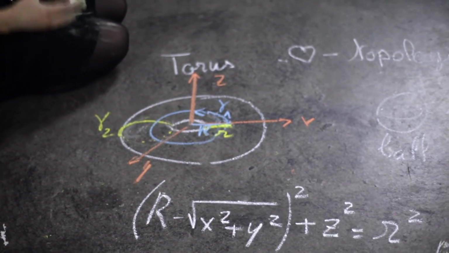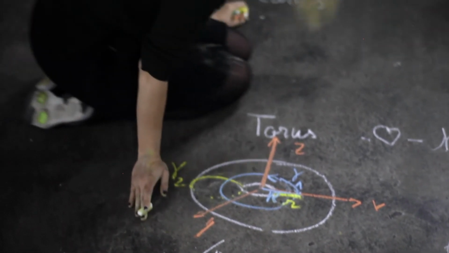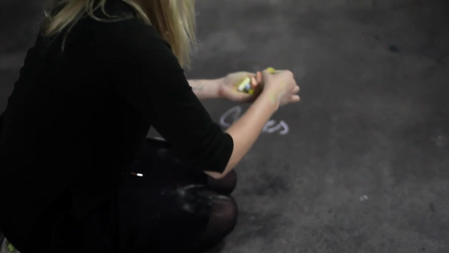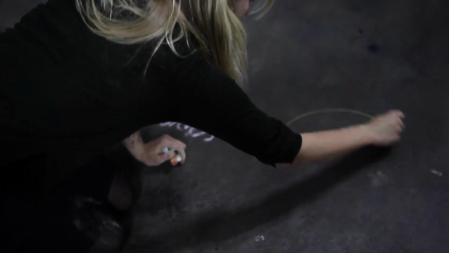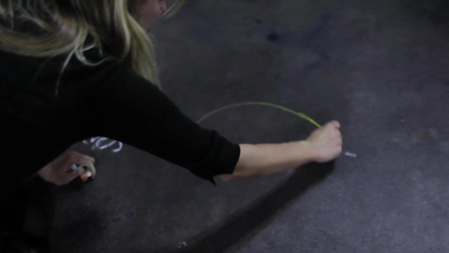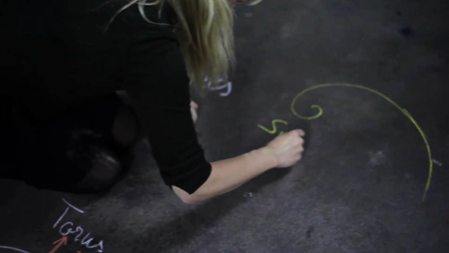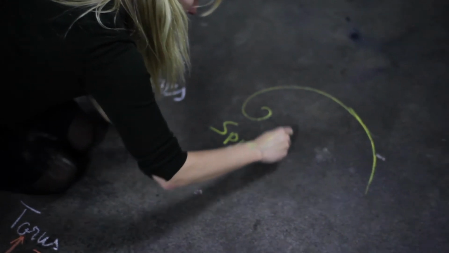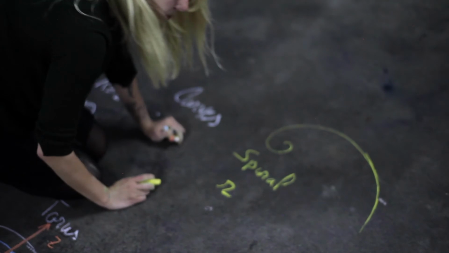So this is the first movement. The second movement, and it's all movement that we map to the sound, is a spiral. The spiral is something like this, and this goes again. And the equation of the spiral, so it's a logarithmic spiral, in polar coordinates.